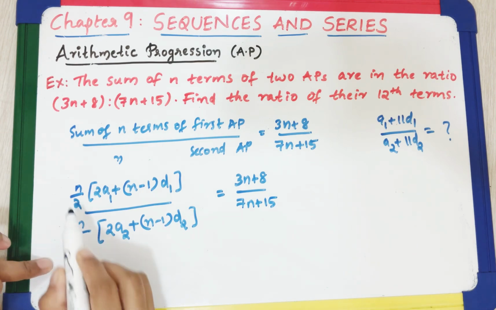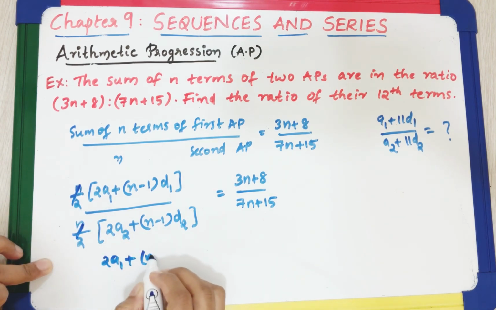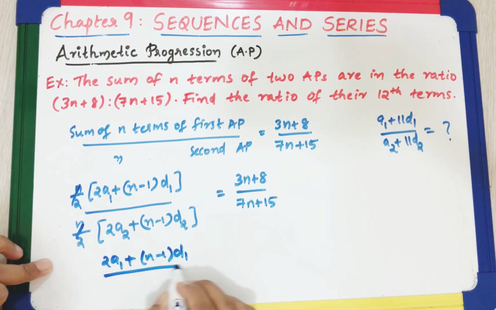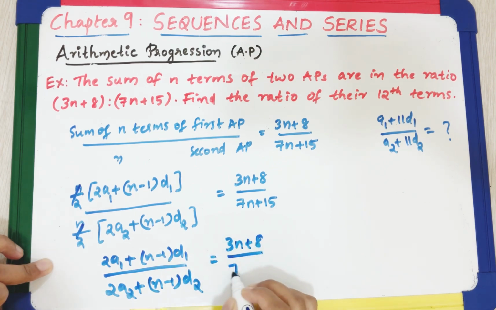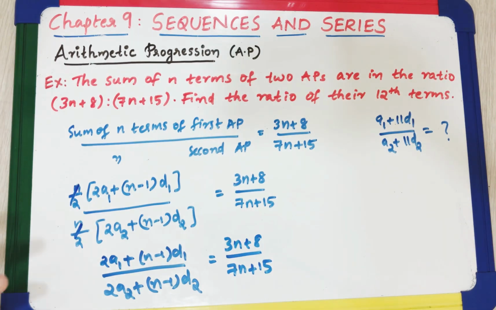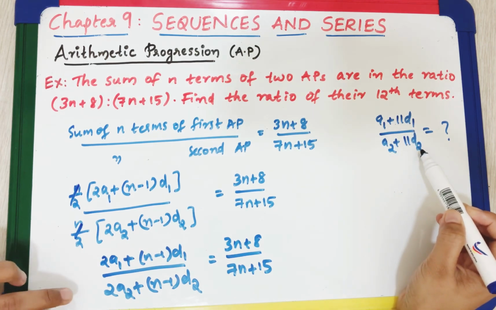See, n by 2 gets cancelled. So we get 2a1 plus n minus 1 into d1 by 2a2 plus n minus 1 into d2 is equal to 3n plus 8 by 7n plus 15. We have to find a1 plus 11 d1 by a2 plus 11 d2.